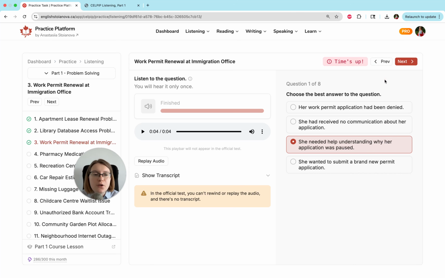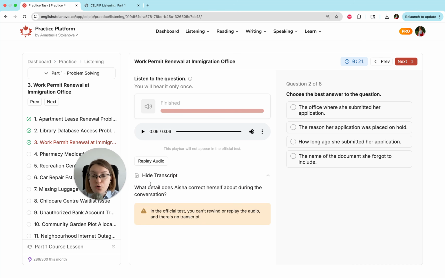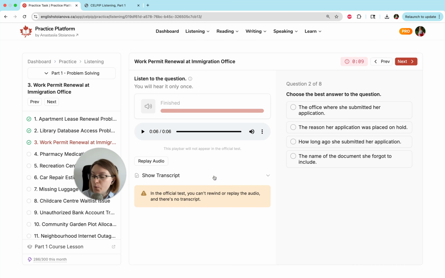All right, so let's go into the second question. Question 2. What detail does Aisha correct herself about during the conversation? Okay, I could even show you, right? But on the exam, you cannot see the question and you cannot replay it. What detail does she correct herself about? So, do you remember? She was saying something about weeks, 6 weeks ago, and then she said, oh no, closer to 8 weeks ago.